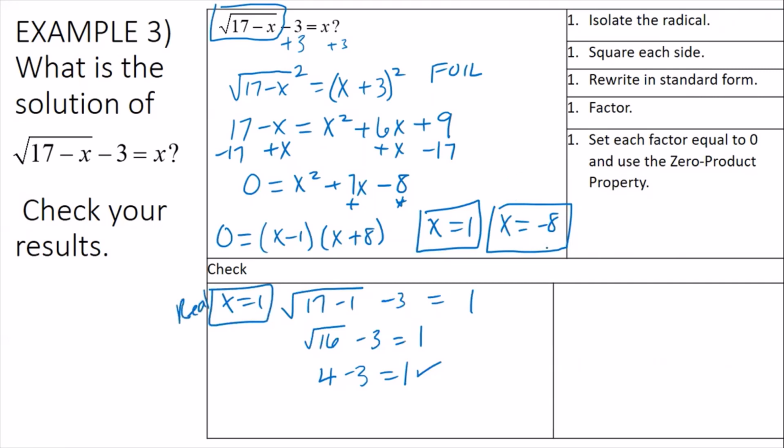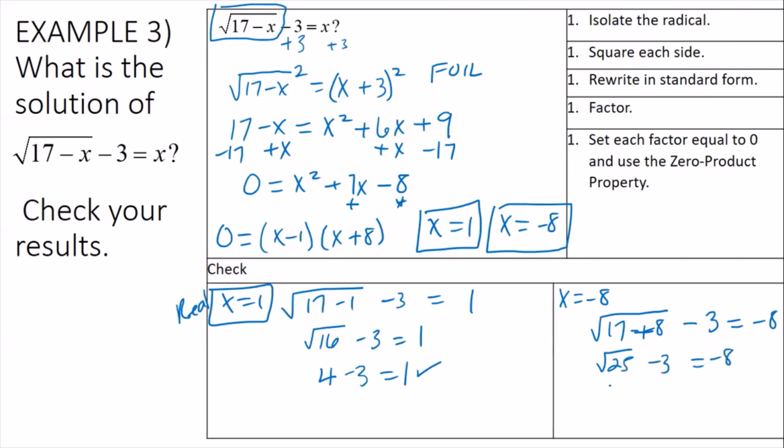I'm going to do the same thing with the -8. So I'm going to test x equals -8. I'm going to plug it in. So we have the square root of 17 minus -8, minus 3 equals -8. A negative times a negative is a positive. And that gives me the square root of 25 minus 3 equals -8.